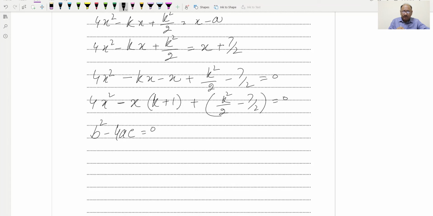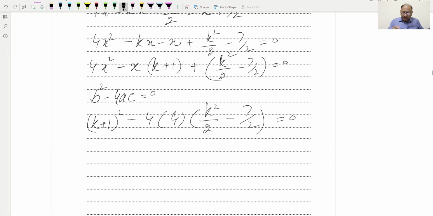So b is this portion which is with minus, so b square will be k plus 1 squared, minus will be gone because of square, b square minus 4 into a, which is also 4, and c will be k square by 2 minus 7/2, and this is equal to 0.